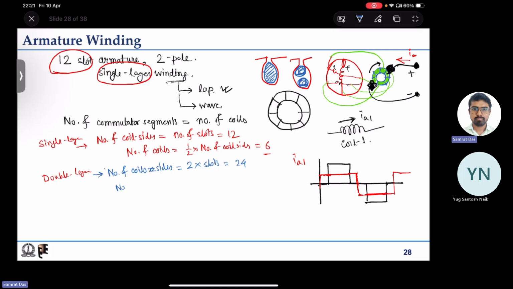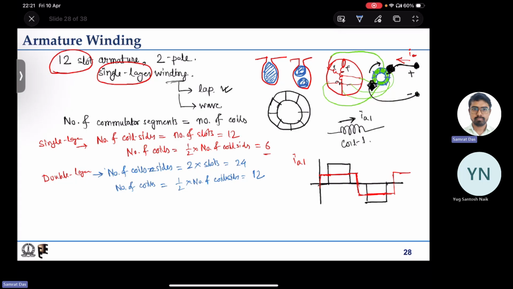So the number of coils will be half of the number of coil sides, that is 12. And the same will be the number of commutator segments.